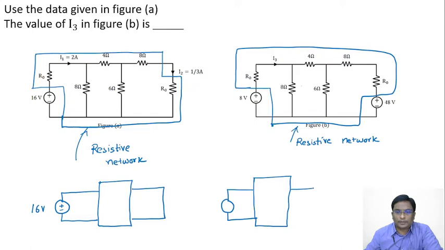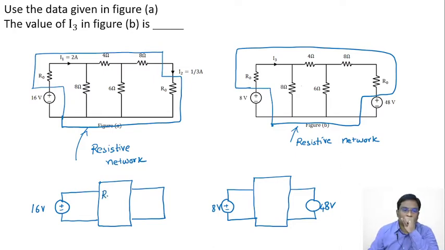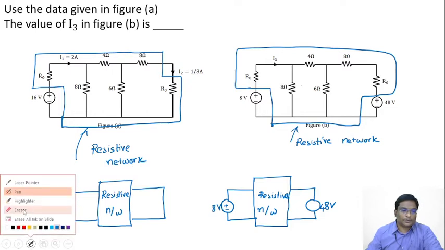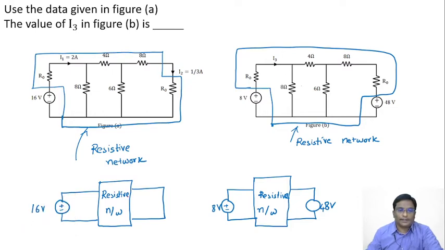The output they are asking us is something like this. This is 48 volts, this is 8 volts, this is 16 volts. Notice it, this is a resistive network, and this is also a resistive network. What's the data they given here?